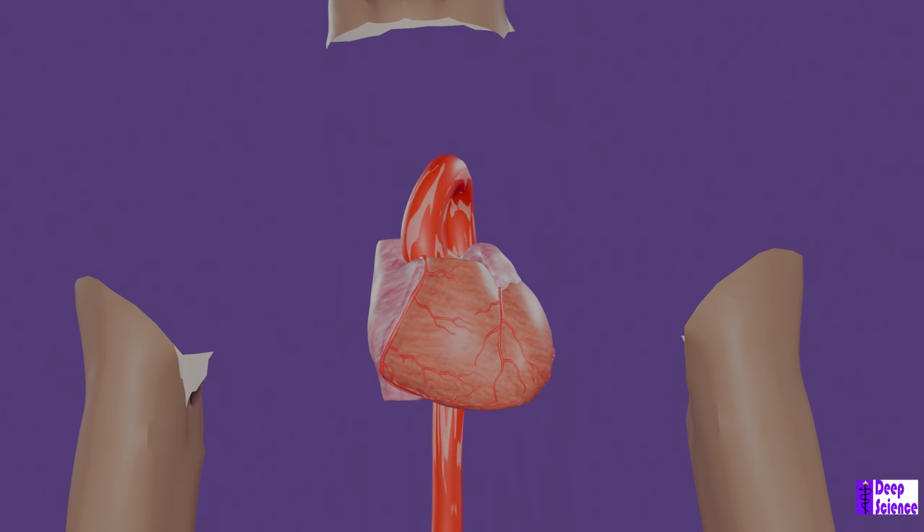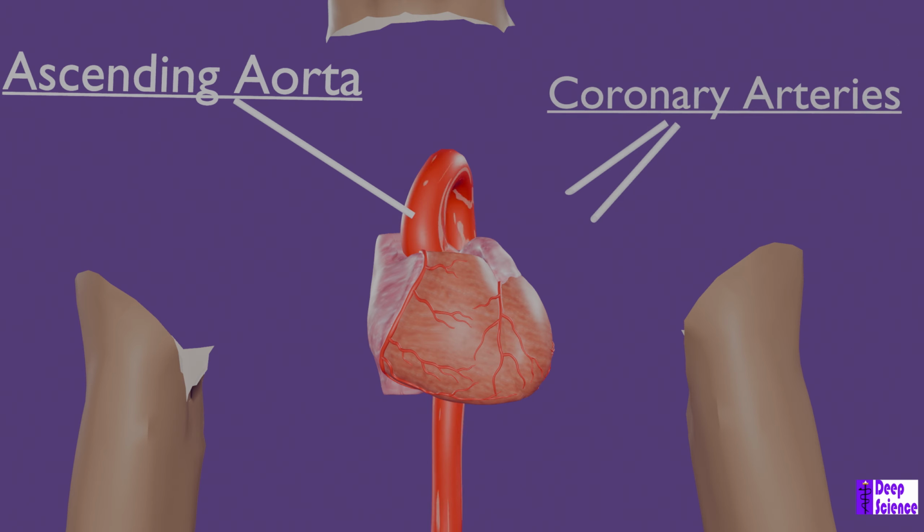The heart is the first organ to get blood from the ascending aorta through its coronary arteries.